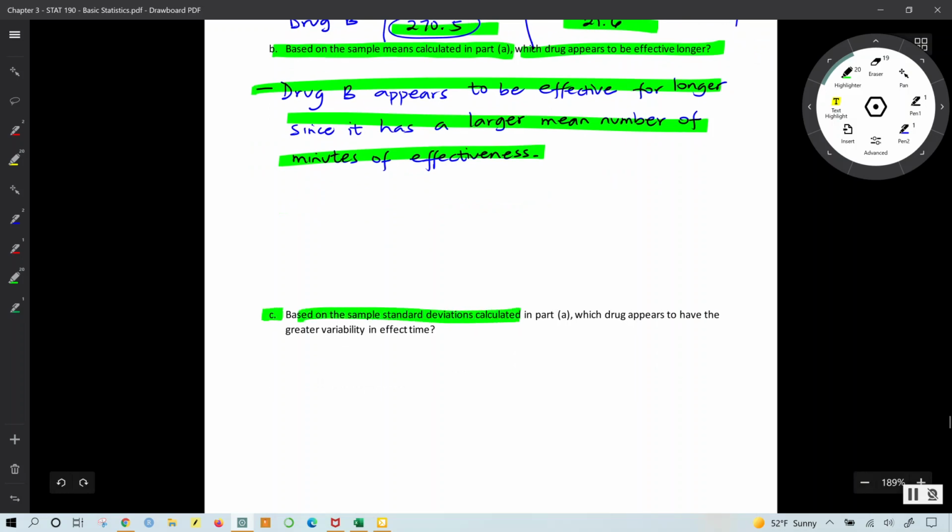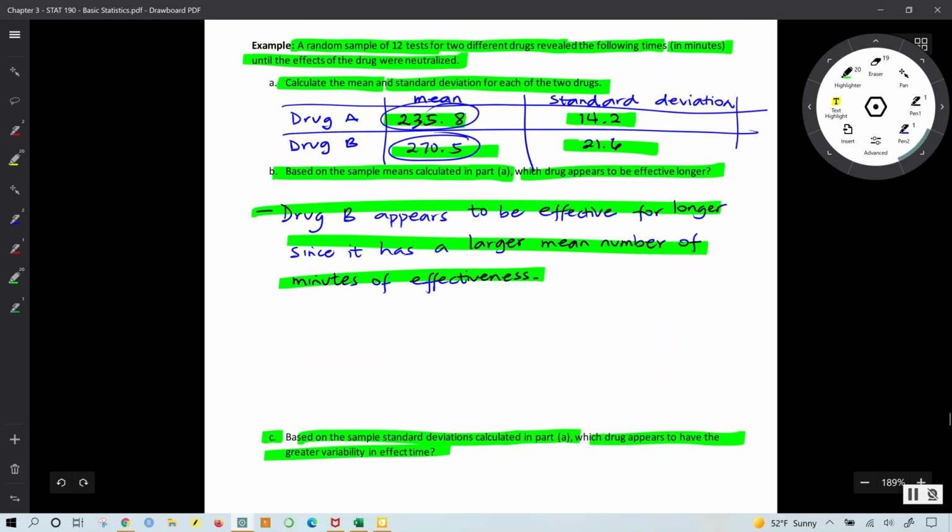Based on the sample standard deviations calculated in part A, which drug appears to have greater variability in effect time? Well, considering the standard deviation for drug A, which was 14.2, and that of drug B, which is 21.6, we can say that drug B appears to have the greater variability in effect time.